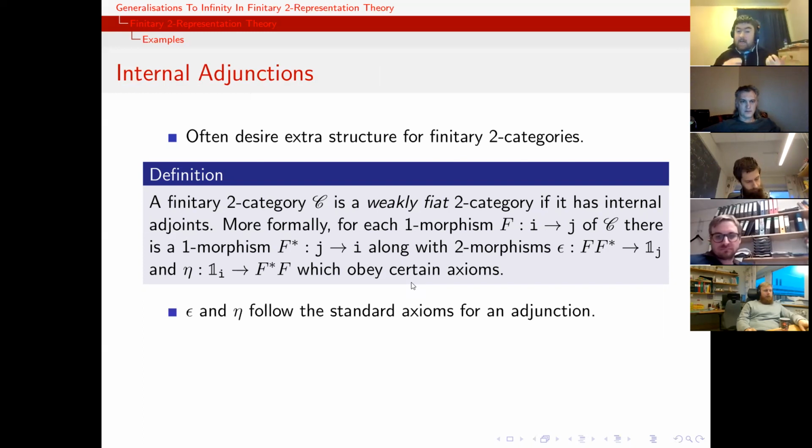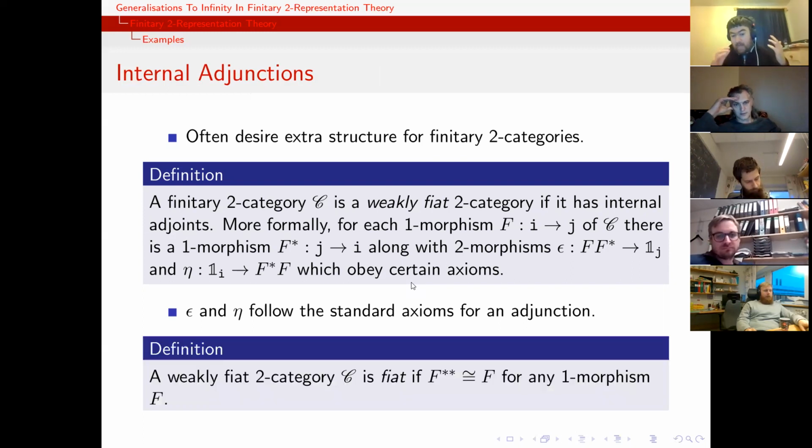And these axioms are just the standard axioms for an adjunction. And in particular, a weakly fiat two-category is fiat if the dual of F dual is isomorphic to F. So we don't just have internal adjunctions, we have ambidextrous internal adjunctions, or you can call them biadjunctions if you want, but you can call non-strict two-categories bicategories, and at that point this is kind of a duplication of notation. So generally, I try and use ambidextrous adjunctions.